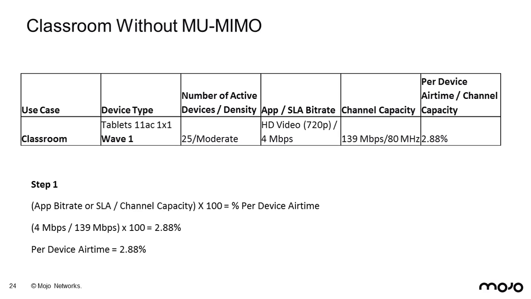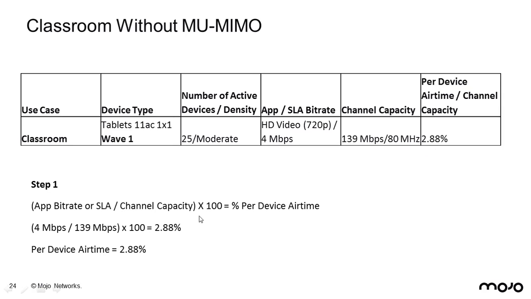All right, so just using that simple process that we talked about before, step 1, we take the Wave 1 clients, so we've got 25 of them. So we're going to have moderate density. Remember that 139 on the tables that I went through for moderate density. We have that number here. And we have HD video, 720p, averaging about 4 megabits per second. We do the little calculation where we learn the percentage of per device airtime, and that's 2.88%.